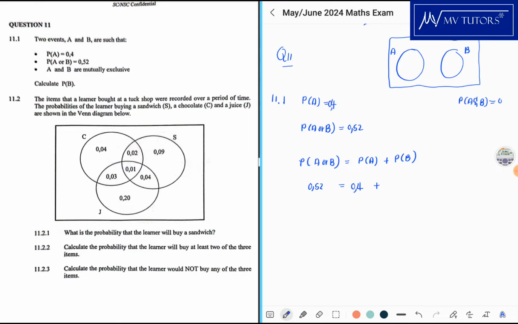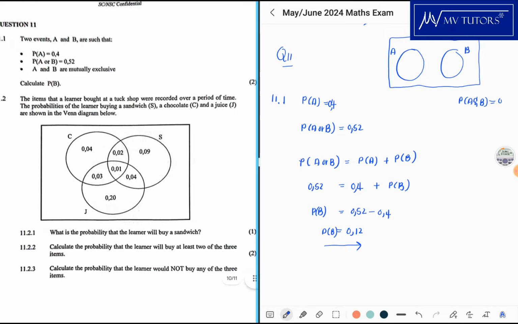We're not supposed to have a probability that is higher than 1. Okay, and then we have probability of B. Now, if I'm going to calculate the probability of B, that's simply going to be 0.52 minus 0.4, which is just 0.12. And that's it. I think it's probably going to be 2 marks or something.